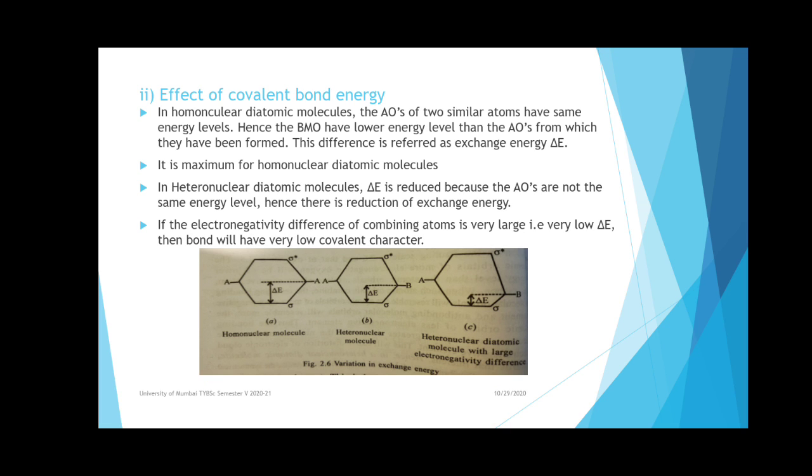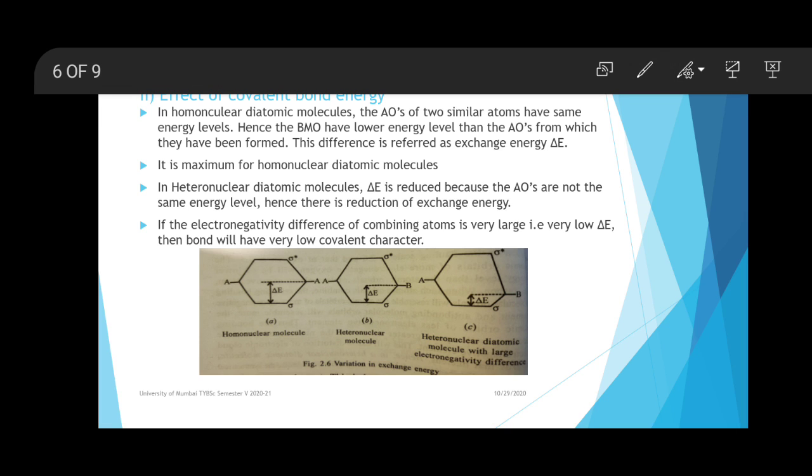Now, effects on covalent bond energy. This is the second important difference. In a homonuclear diatomic molecule, the atomic orbitals of similar atoms have the same energy levels. Hence, bonding molecular orbitals have lower energy levels than the atomic orbitals from which they were formed.